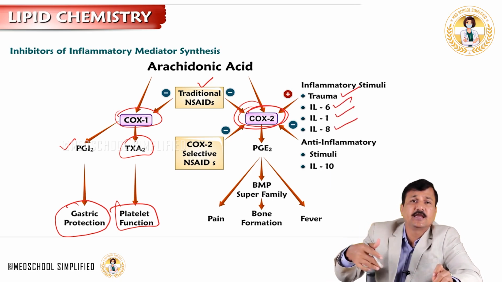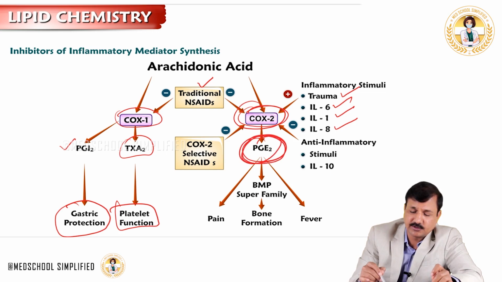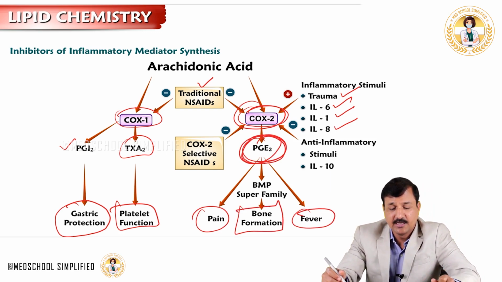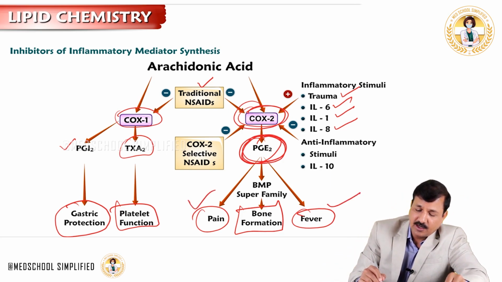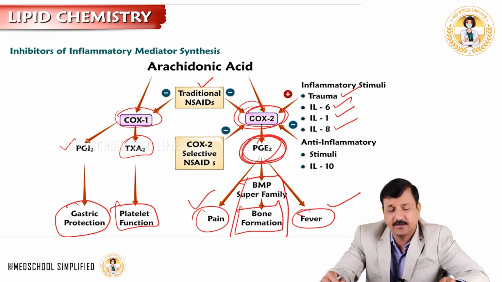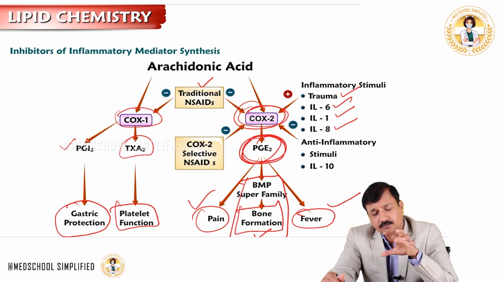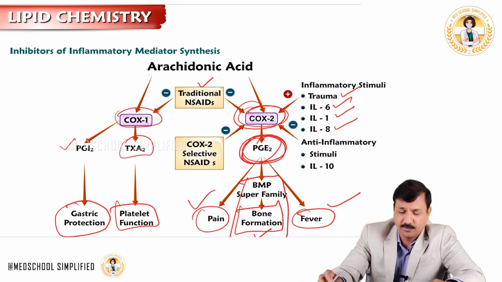All of them induce this COX-2 enzyme, and COX-2 through PGE2, prostaglandin E2, causes pain and fever, and also through the BMP superfamily, it is helpful in bone formation. That's very important. So when you inhibit COX-2 to take care of pain and fever, we also have an additional side effect. It is going to decrease the BMP superfamily of proteins, thereby decreasing bone formation. So constant intake of these non-steroidal anti-inflammatory drugs may also affect bone formation in our body, although they are able to control pain and fever.